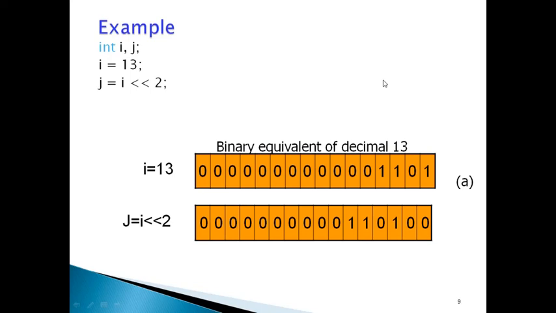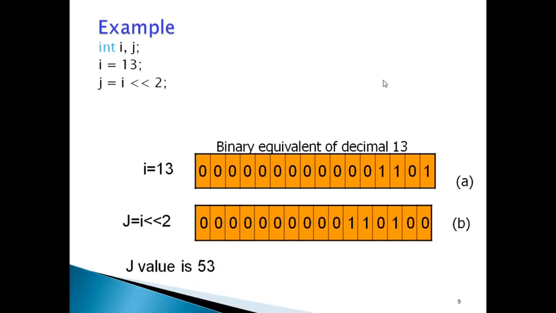How many times? 2 times, first time and second time. The right side bits are filled with zeros. This is the left shift operation.